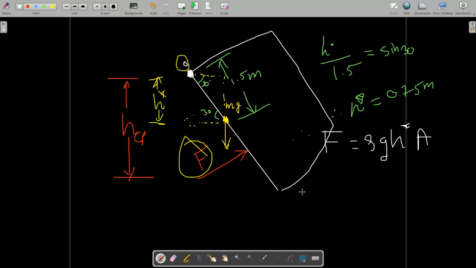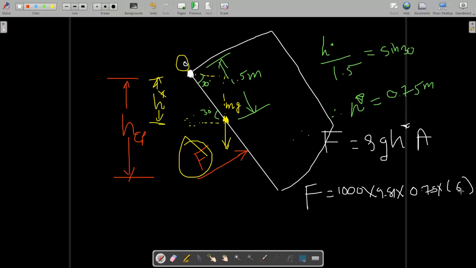Okay, so the F force acting is rho, that means density of water, because here the fluid is water, g 9.81, h star height 0.75 meter, and cross-section area, that is 2 meter by length 3 meter, that means 6.